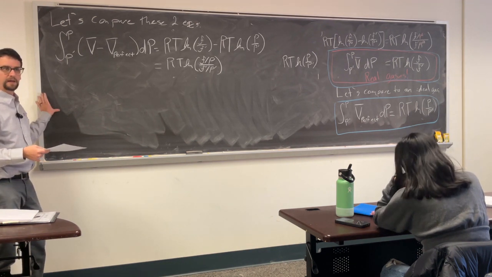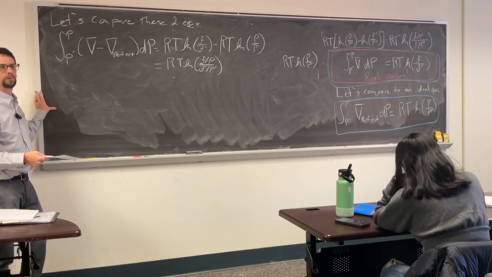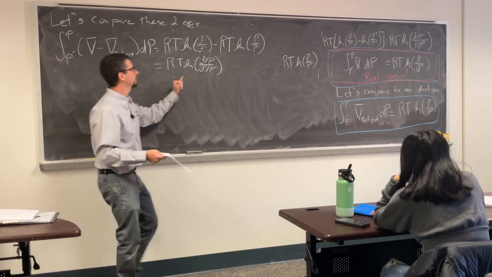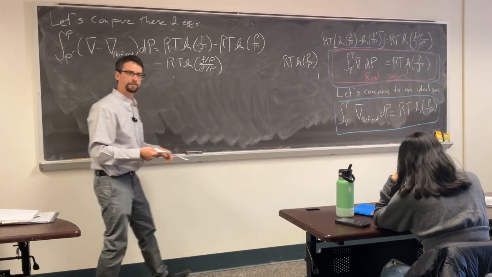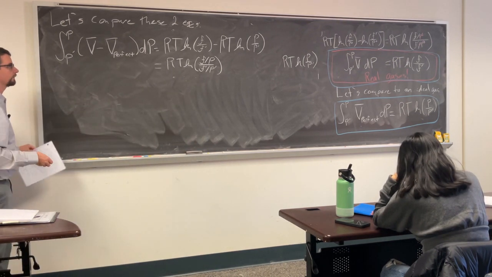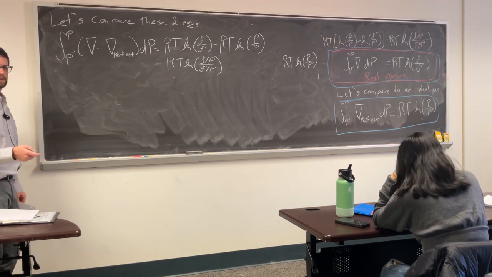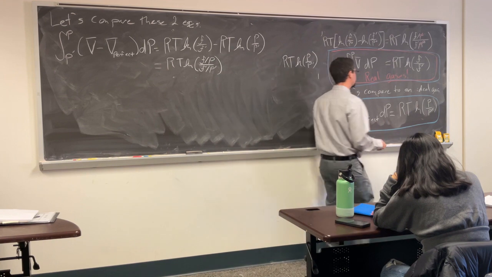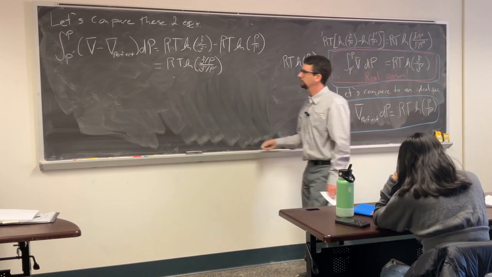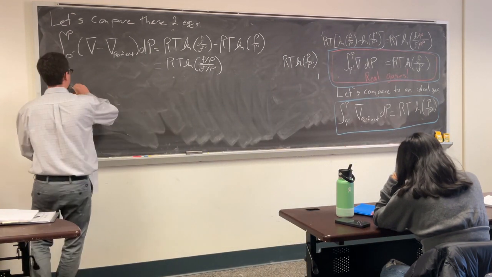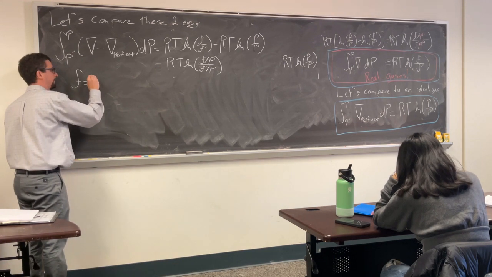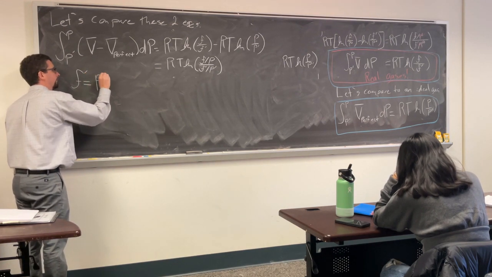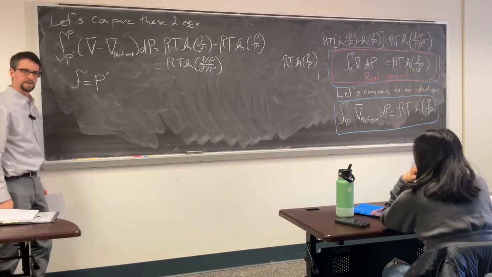Okay, the next question I'm going to ask you relates to fugacity. What did we notice, like if you look back in your table for N2? What we want is this to be true.